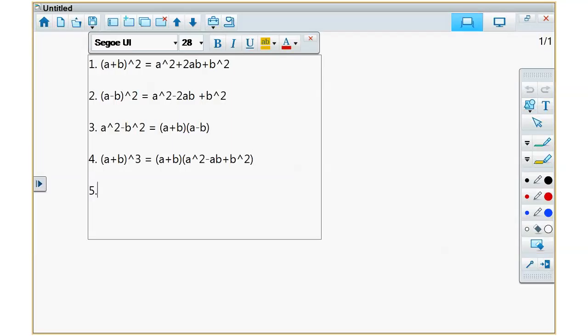And 5 is the opposite. A minus B quantity cubed is equal to A minus B times A squared plus AB plus B squared.